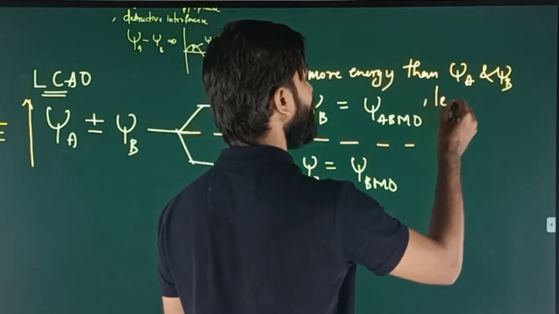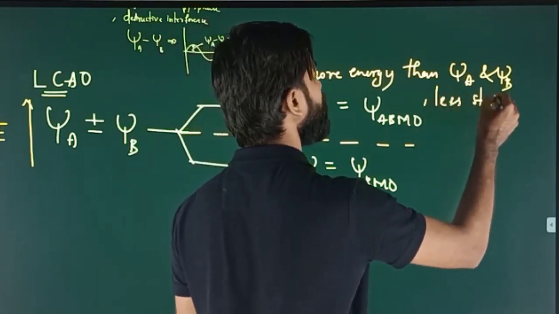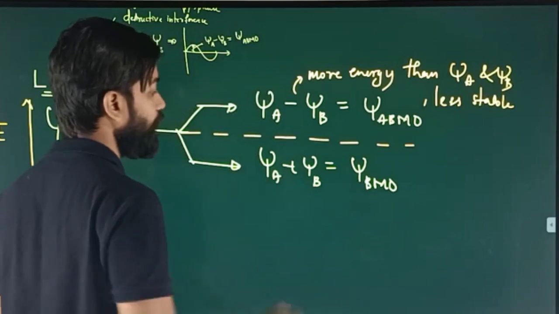So they are relatively less stable. Since the potential energy is higher, antibonding molecular orbitals are relatively less stable.